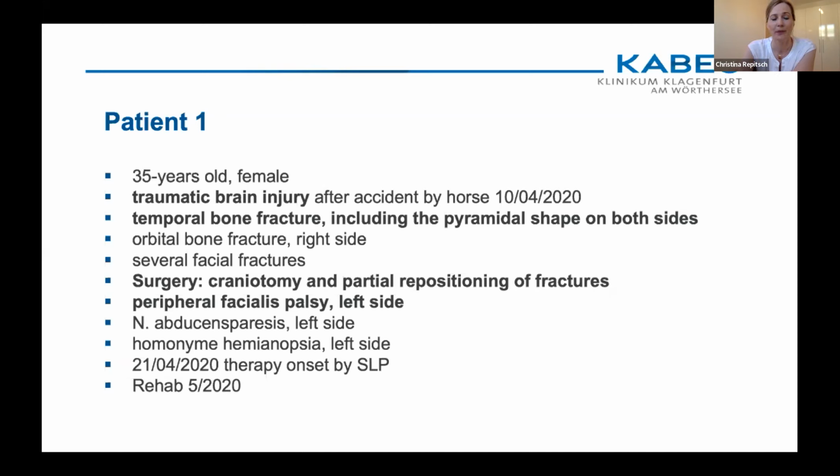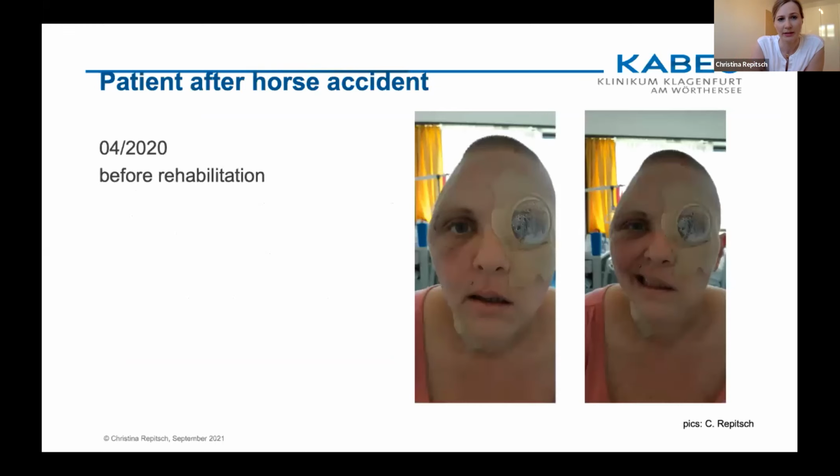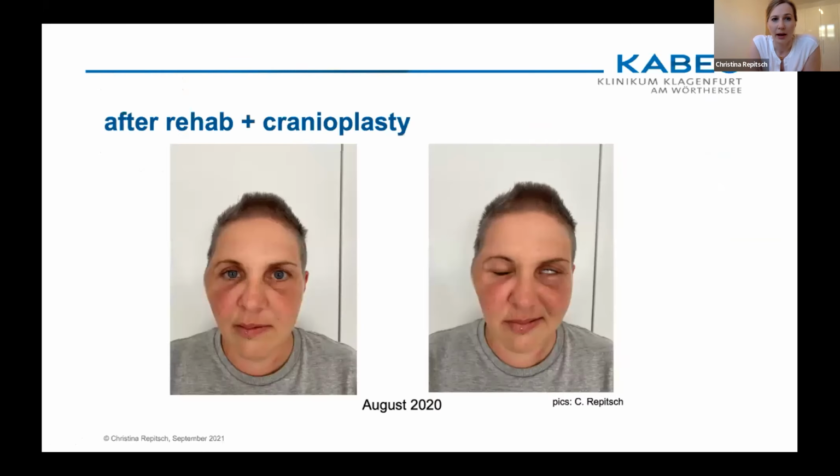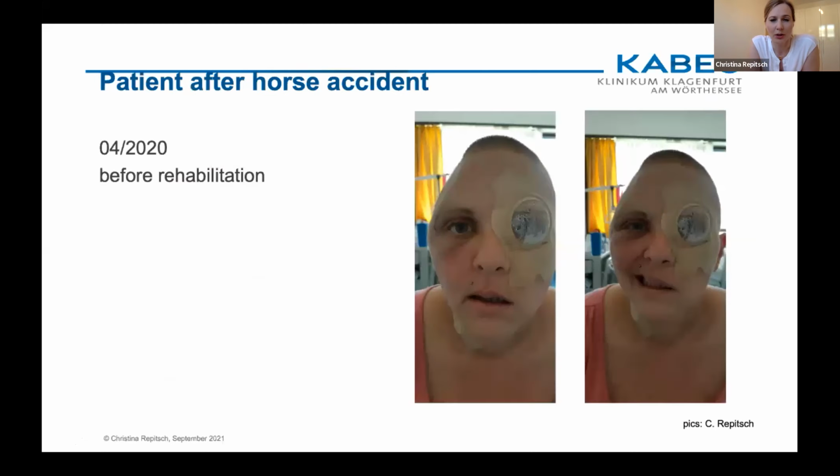And the accident was in April 2020. And the therapy started 10 days after the accident. So here is a picture of the patient during the hospital stay before she went to rehabilitation. So you see here she has a problem with eye closure.